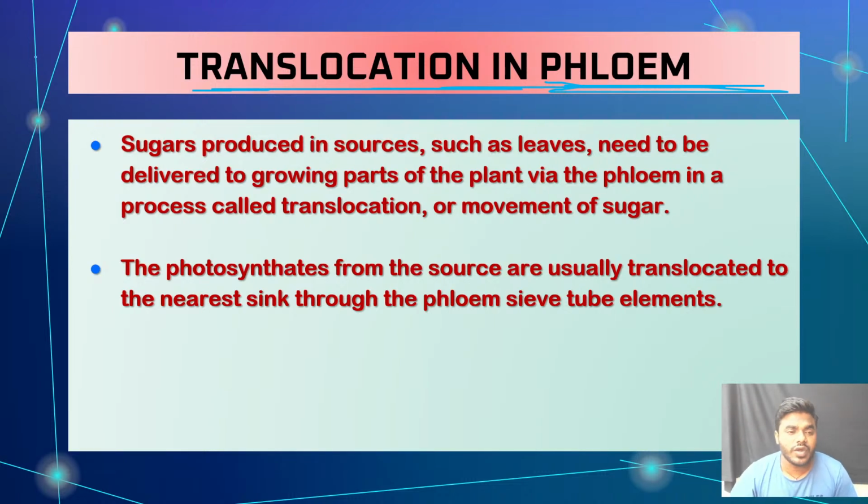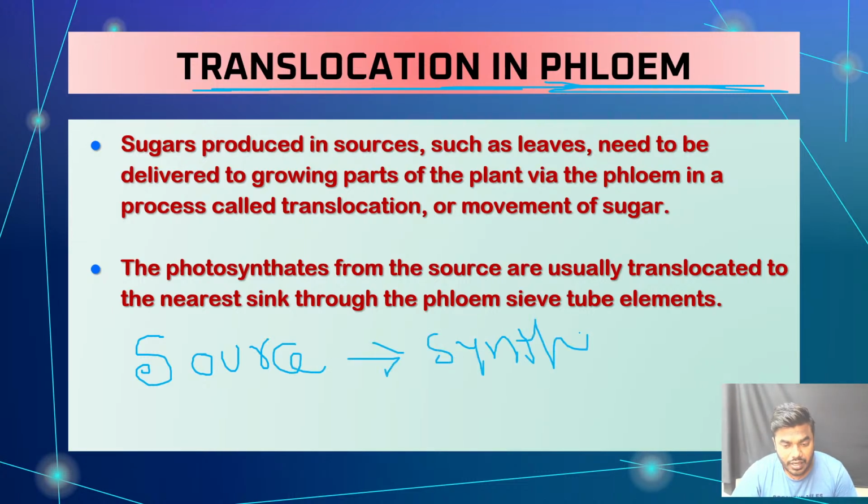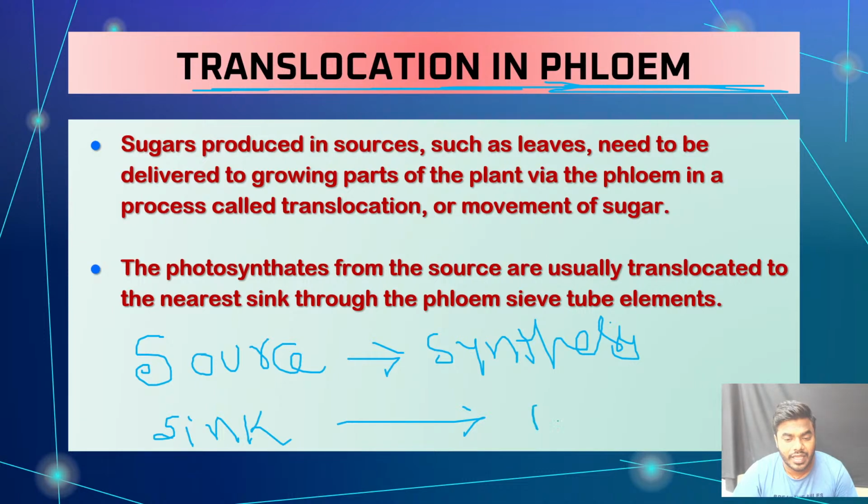Friends, every student keep it in your mind. Wherever the sugars are synthesized, that area we can call the source. Wherever sugars are not present, we will call that particular area the sink, no sugars.